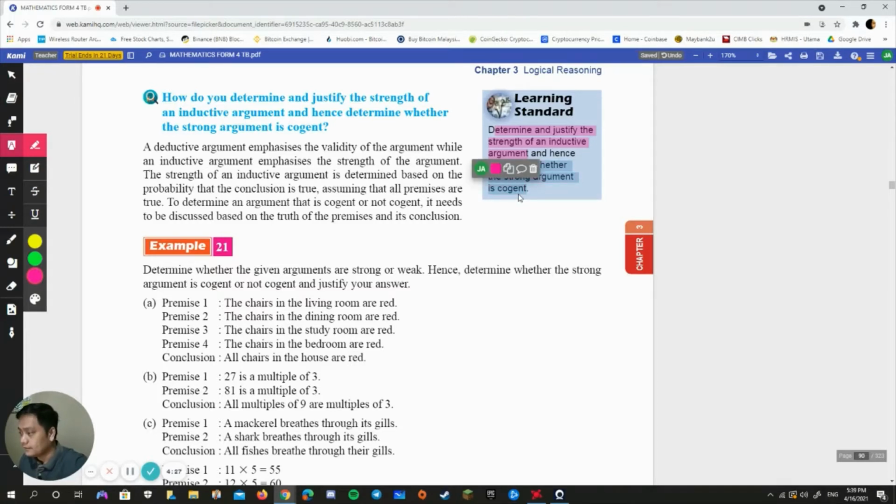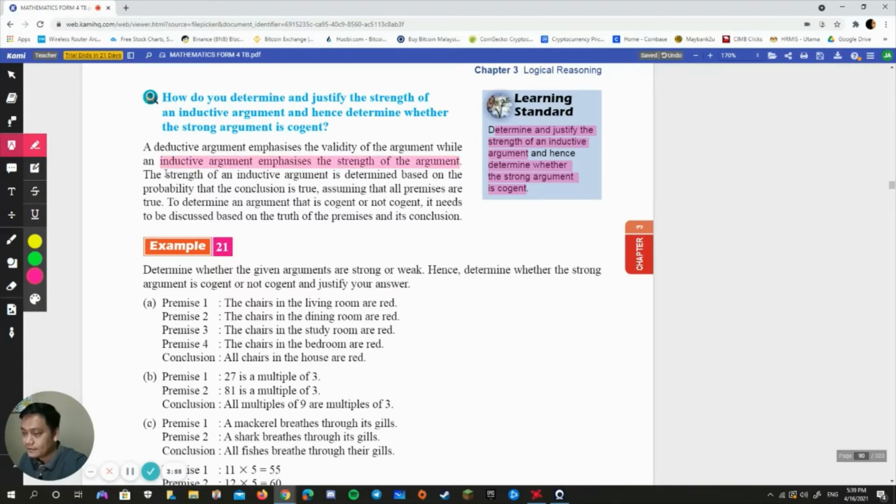If you look at the dictionary, cogent is similar to convincing, meyakinkan. A deductive argument emphasizes the validity of the argument, while an inductive argument, which is what we're going to learn today, emphasizes the strength of the argument.